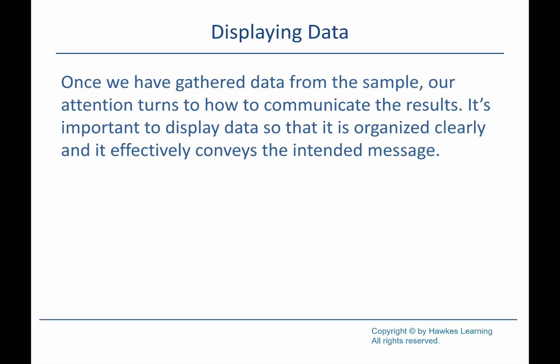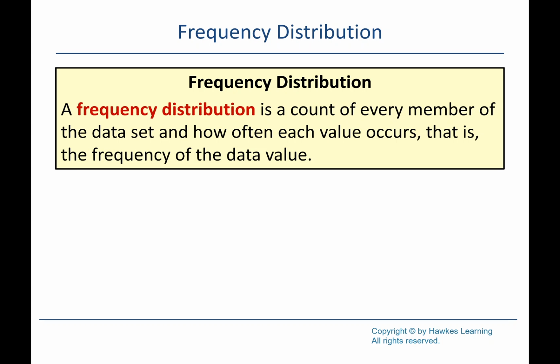So it's kind of the next step in our process. Last time we talked about collecting sample data. Then whatever we find in our sample data, we want to be able to communicate that. So that's where our graphs come in. You might not think about this first thing we're going to look at as a graph, because it's not necessarily a picture, but it is a visual display of data.